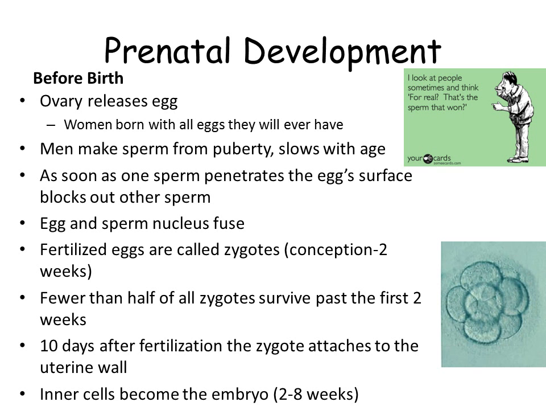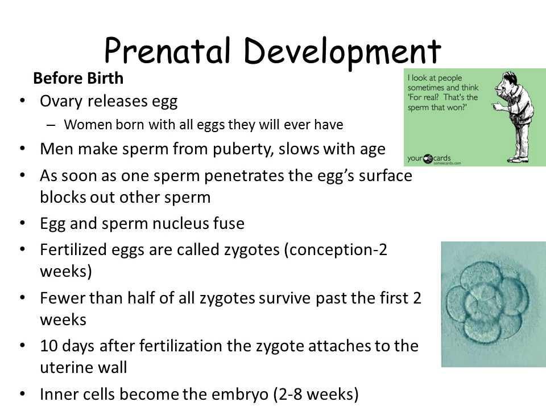So, okay, prenatal development. This is everything up till birth. Walking you through this, and hopefully you've learned this in a biology or a health class, the ovary releases an egg, and women are born with all of their eggs at the very beginning, and that's the most eggs they'll ever have.